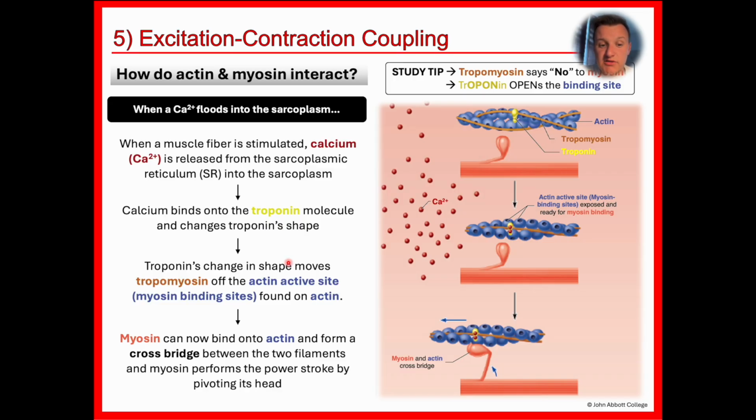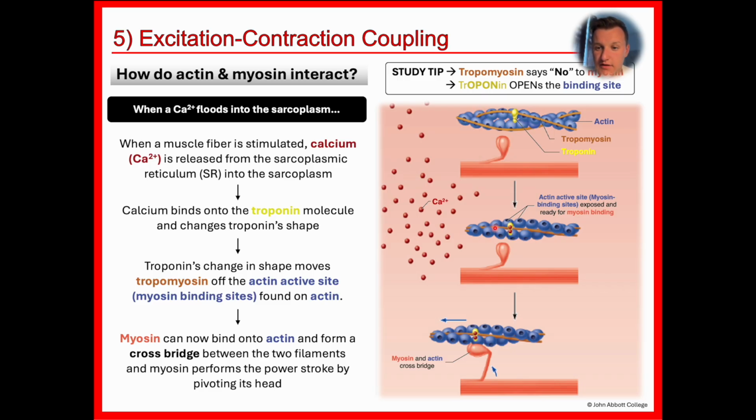And this will change the shape of the troponin. So here you have troponin without calcium bound, and you see that they're separated. This actin fiber is not touching this fiber over here. Now the calcium will bind, and you're going to see what the changes are. Once the calcium binds onto the troponin, it changes shape, and the troponin's change in shape moves tropomyosin. Do you see this fibery molecule that is all along the actin filament?